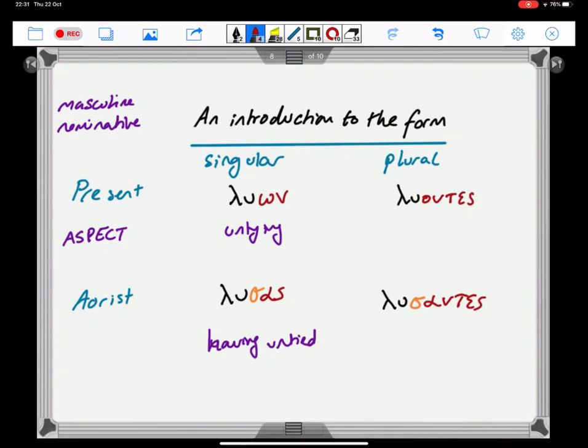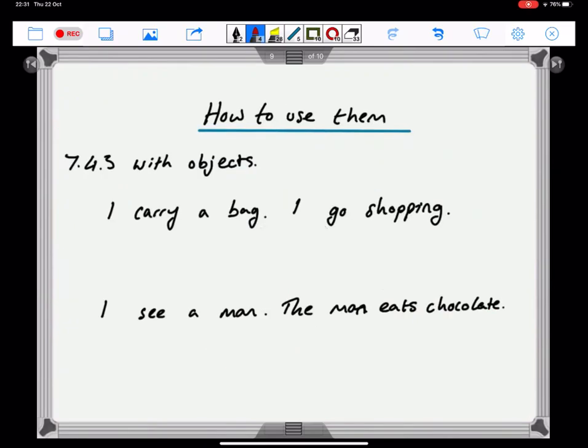Thinking about meaning is the next important thing to do. And you've got a couple of ways of using them. Think about the sentence, I carry a bag, I go shopping. You could rephrase that as I go shopping carrying a bag.